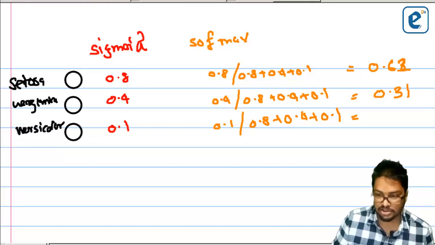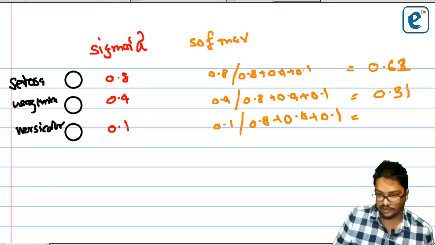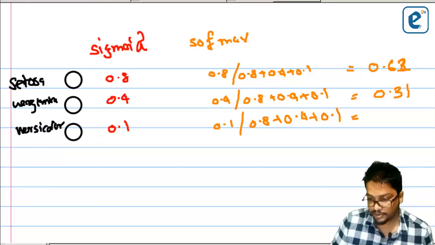So you are going to get a value, yeah, it will be 0.07, right?